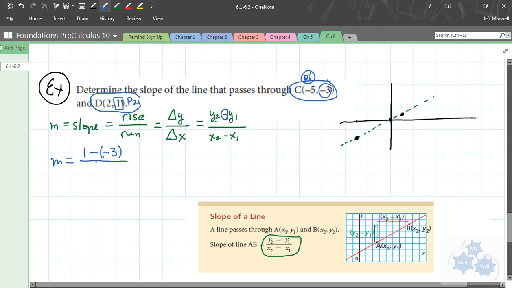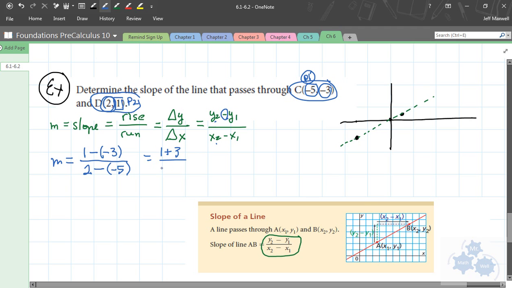Now we go to the denominator here where we have x2, which is going to be this value. That's 2. We always subtract negative 5. Okay? So, when you have this, you simplify. 1 minus negative 3 is the same as 1 plus 3.